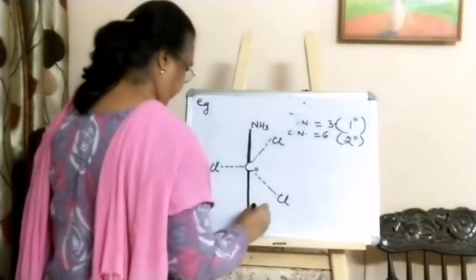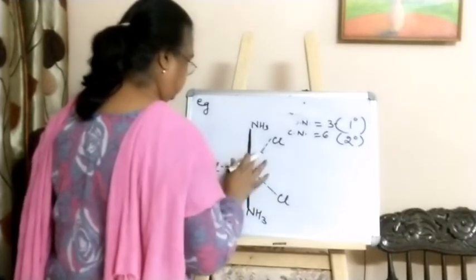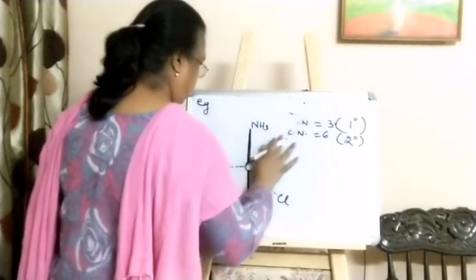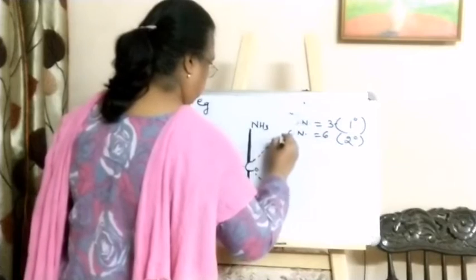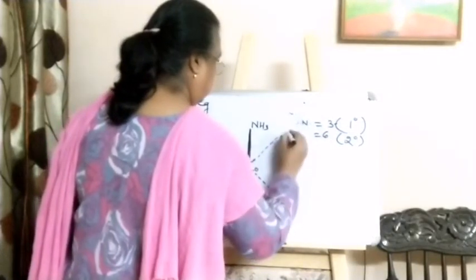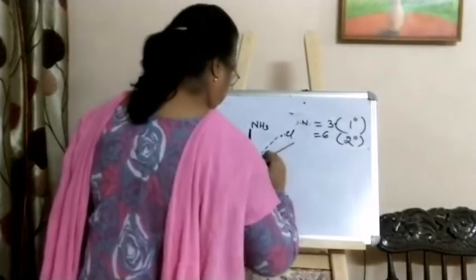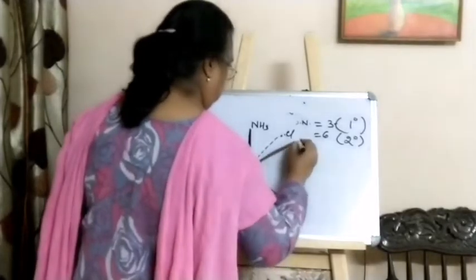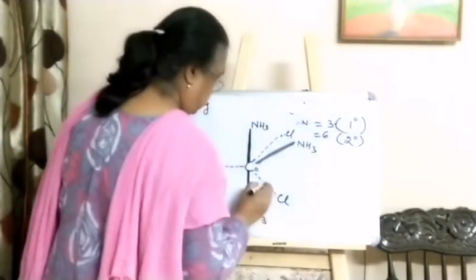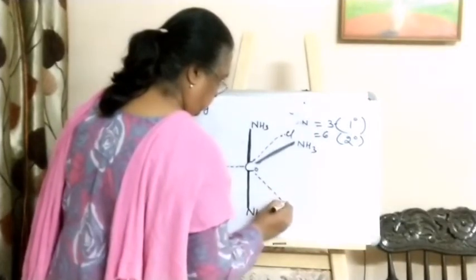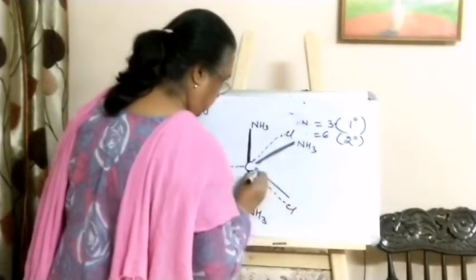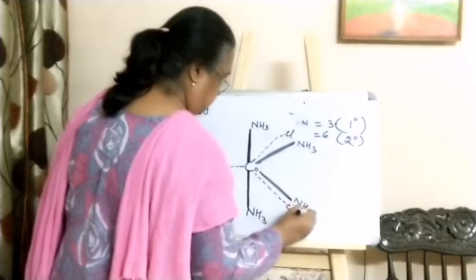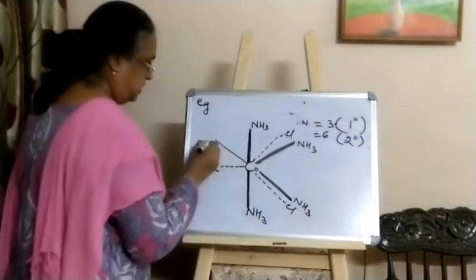This is ammonia. And this is another ammonia molecule through the coordinate bond, but we show it with a thick line. This is ammonia. This is another ammonia molecule attached to the thick line, that is secondary valency, and 1 is here.